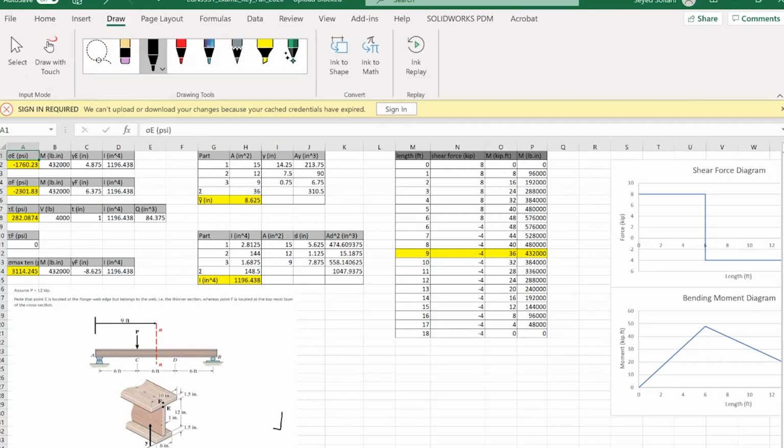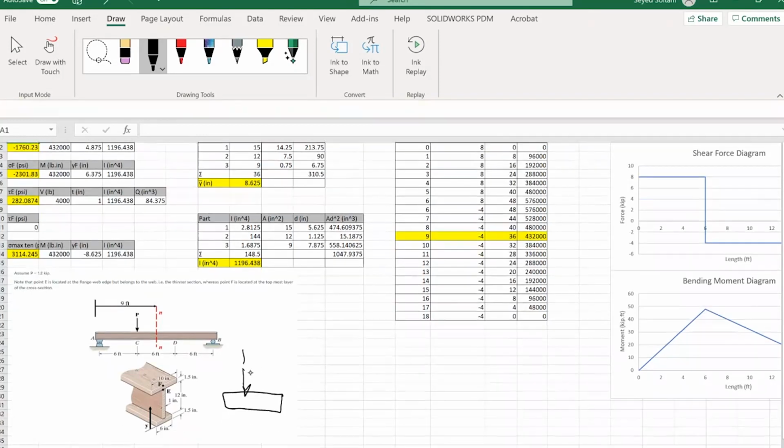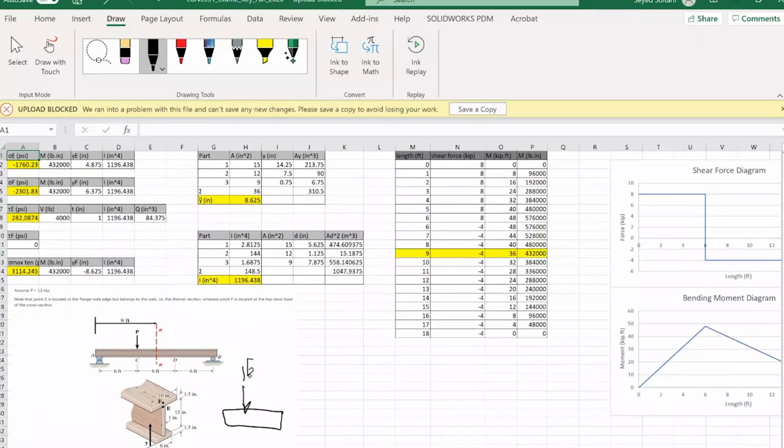I have this force P, which is 12 KIP per problem statement, and then I have the reactions right here, AY, AX, and BY. I don't have any BX because it's a roller support, and I don't have a reaction along the horizontal or X direction in this case.